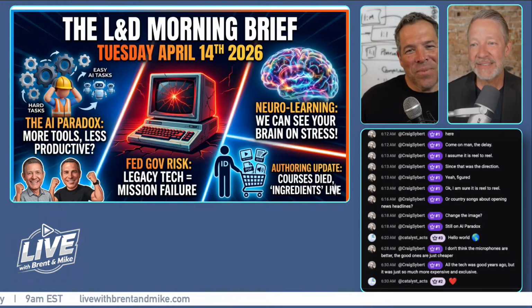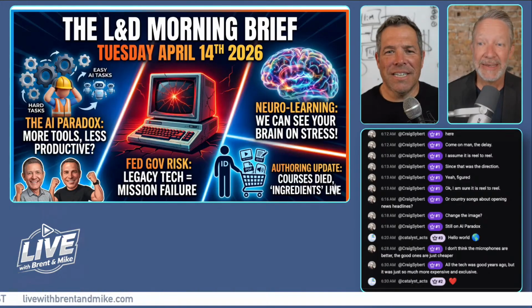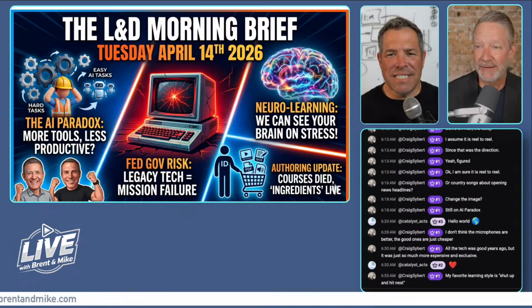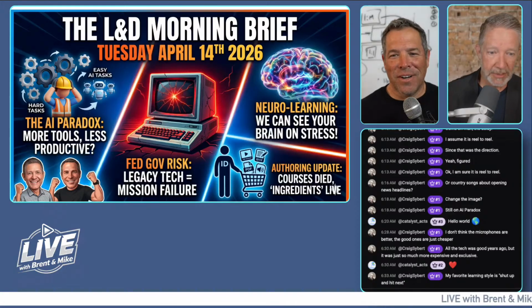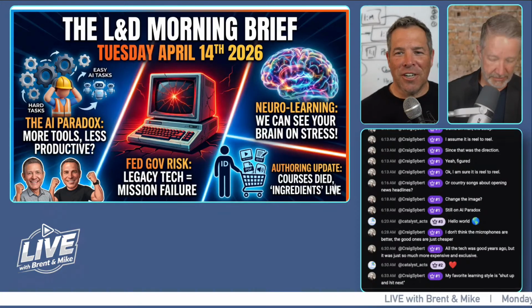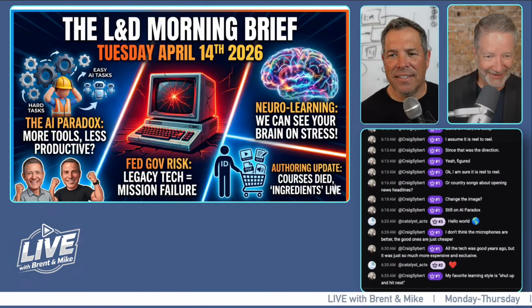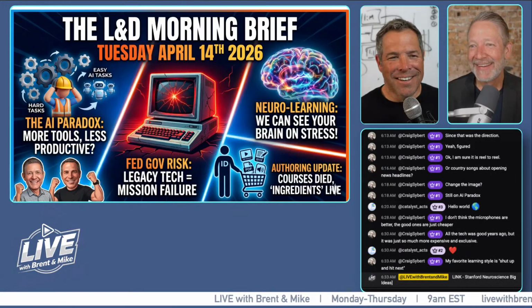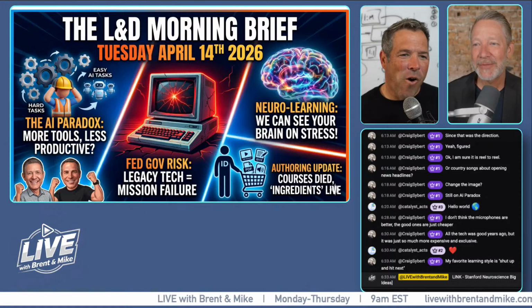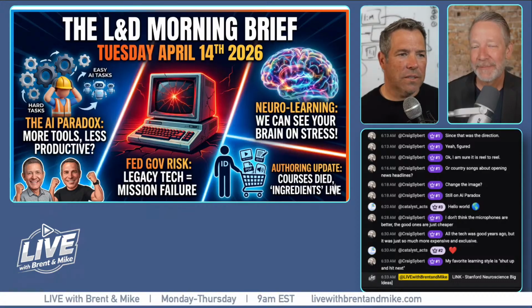Well, it's in Stanford neuroscience big ideas. Craig's favorite learning style: shut up and hit next. That's where that story is. People can go there and read more about death by PowerPoint.